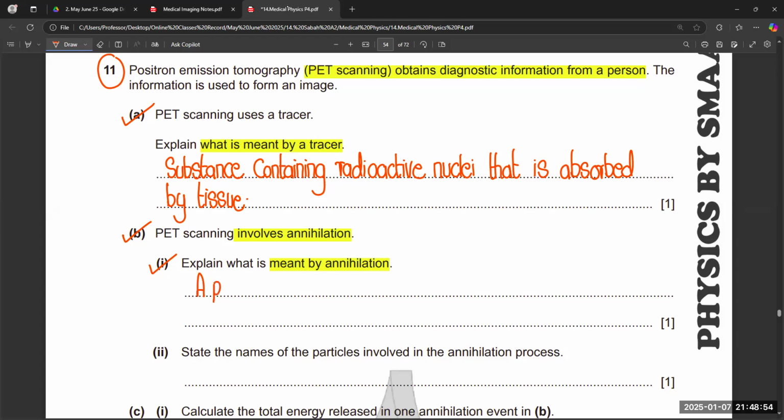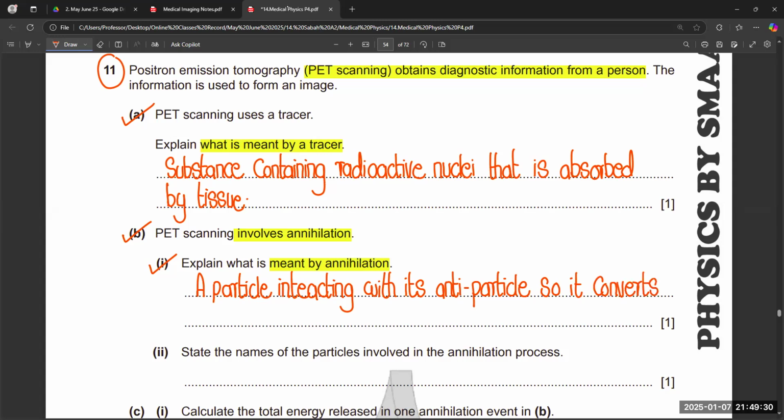So a particle interacting with its antiparticle converts into energy.